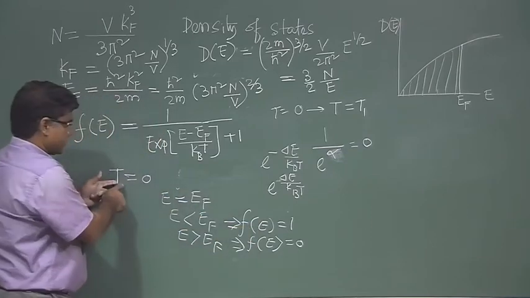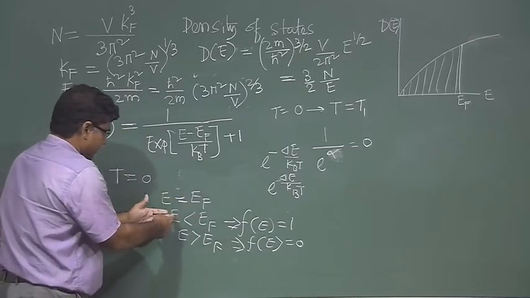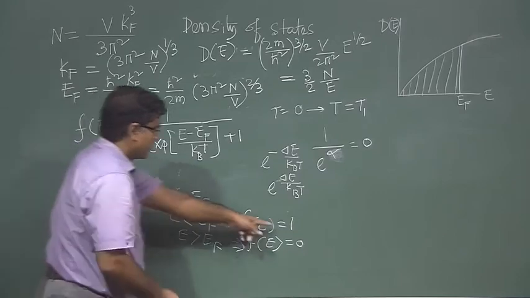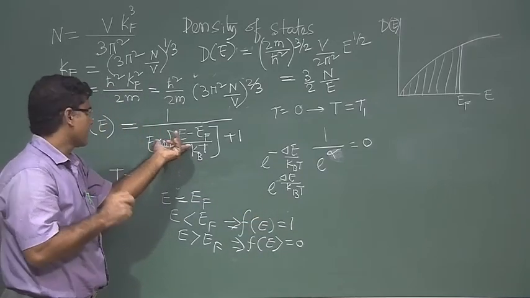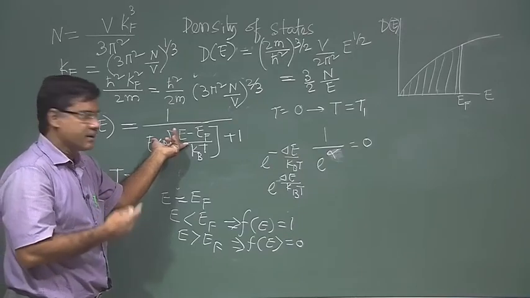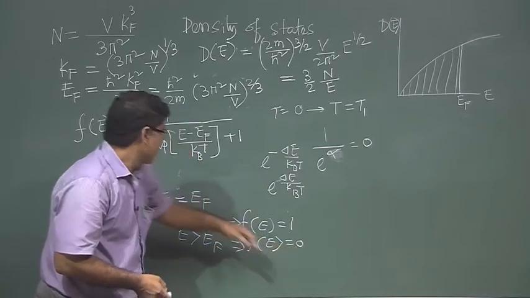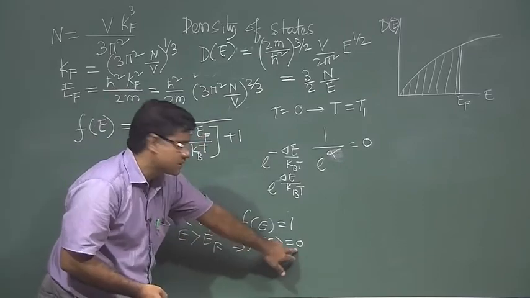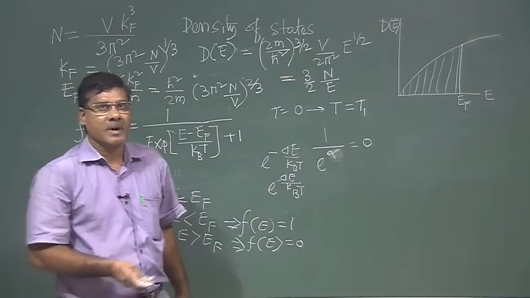Here you can see that when the energy is below the Fermi level, the probability of filling these orbitals with electrons is 1, that is the maximum probability, and when it is above the Fermi level, the probability is 0, that means there will not be electrons above the Fermi level.